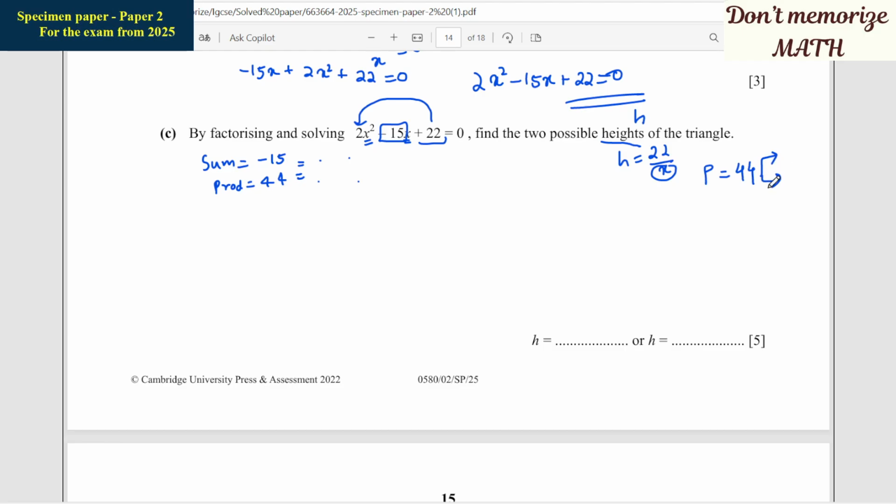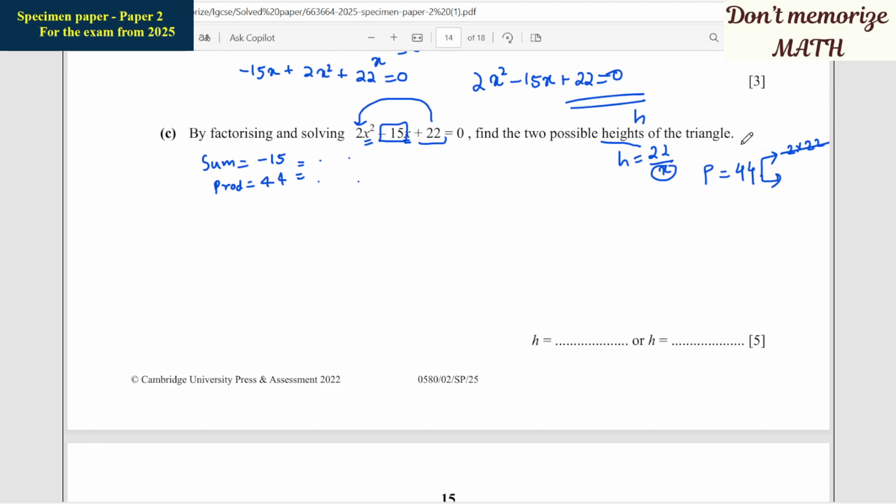The first thing you can use is 2 and 22. 2 times 22 is 44, so the product is right. But if we give some negative or positive signs here and there, can we get the sum as minus 15? No way, right? So you can choose any other option.